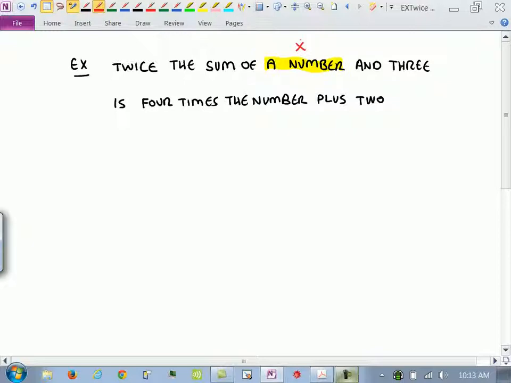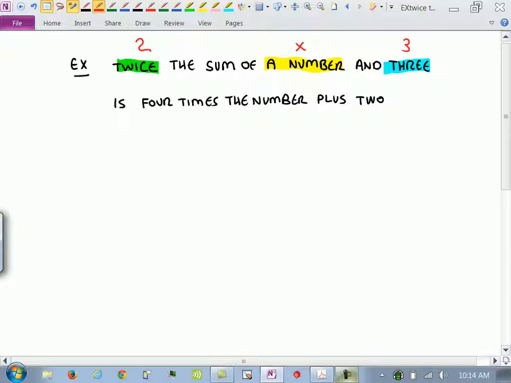And 3 is obviously 3, right? And twice over here was 2, like twice 2. But how do I write that? I'm doing twice what, though? The sum of something, right? I'm doing 2 times the sum of something.